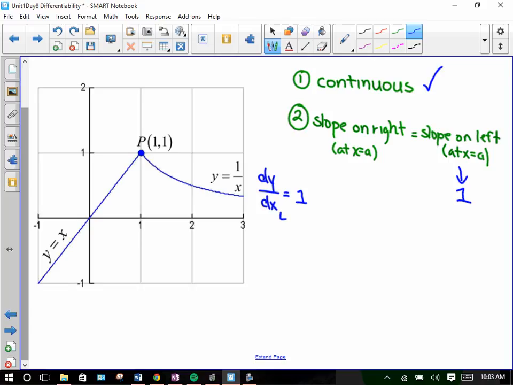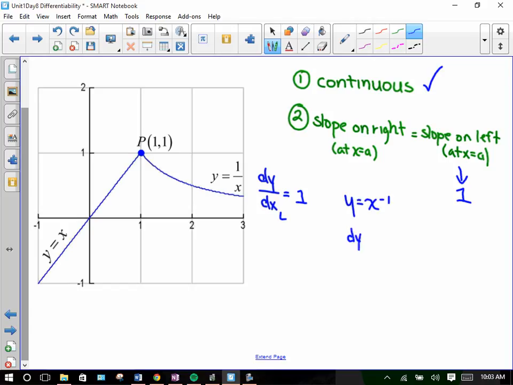Now, on the right, y equals 1 over x. We have to find the derivative of that and then plug in 1. We can rewrite this as y equals x to the negative 1 power.